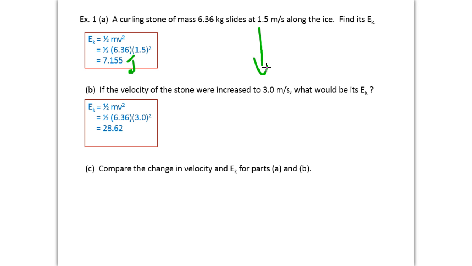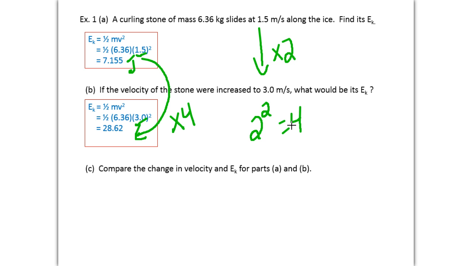The velocity was doubled, but the energy didn't double. The energy went up by a factor of 4, and the reason being because it's a square factor, because you're squaring this number here, the 1.5, and a 3. See, you're doubling it, and that's getting squared, which means it's going to get 4 times greater.